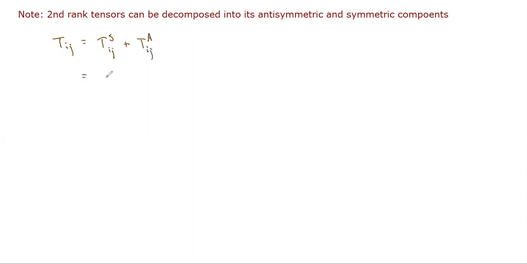I forget if this was homework or if it was too boring to be homework, but this is how you would do that. For the symmetric part, you just explicitly make it symmetric: half Tij plus half Tji. And then the antisymmetric part, you just make it antisymmetric.